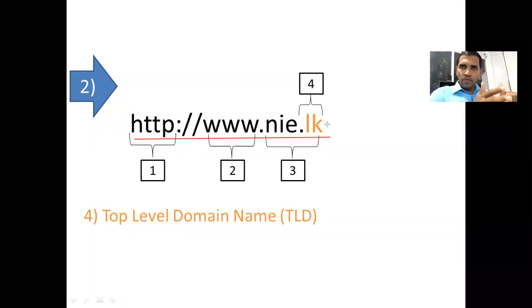But here, I didn't type any IP address. Suppose I type the IP address of the web server in my computer, it is possible to identify the web server, because my computer knows that location if the IP address is given. My computer is connected to the internet, and that particular web server is also connected to the internet, so then it is possible.